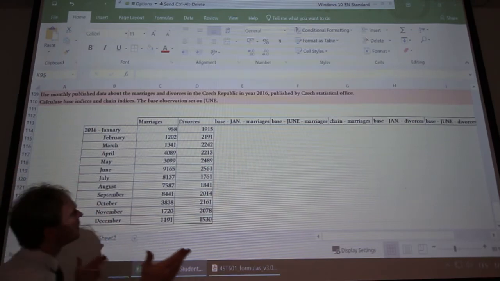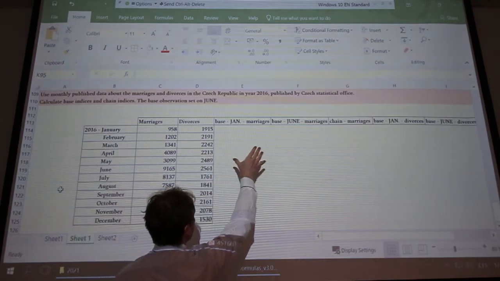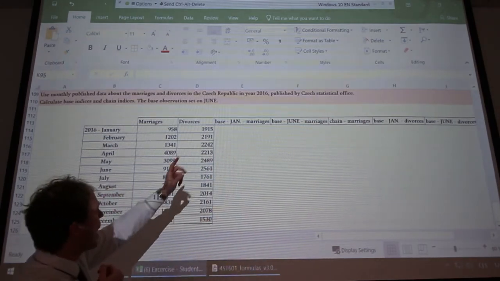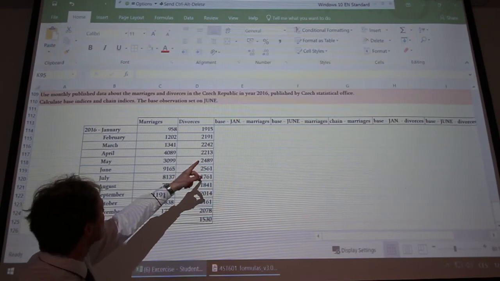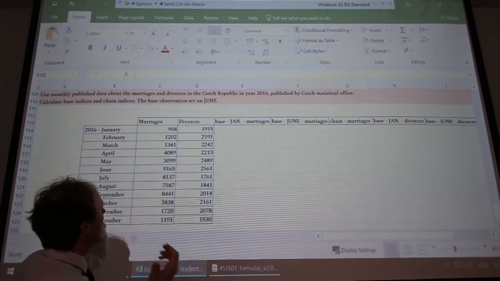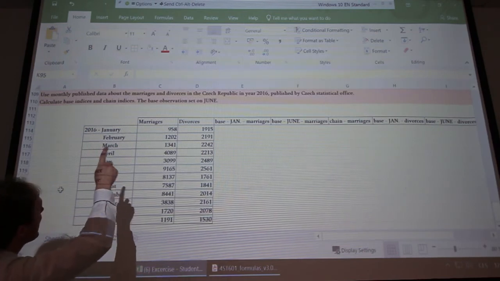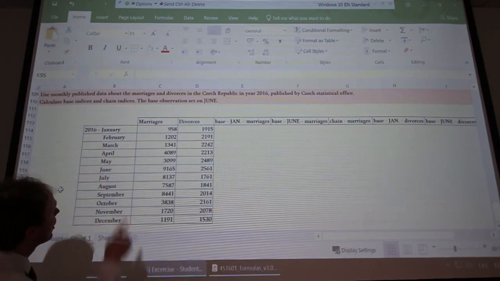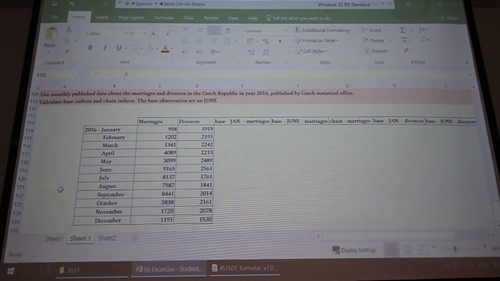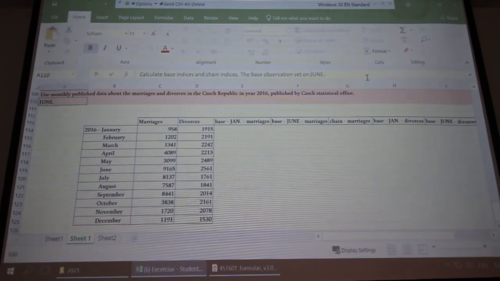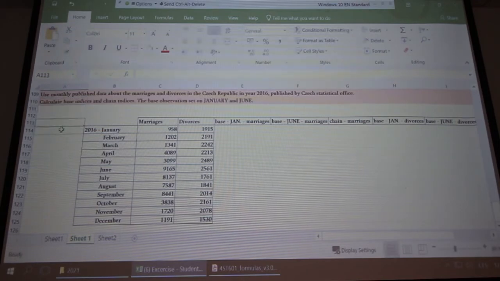You can see that we have prepared here a table where the base is set on January, and in this sentence is written also the base observation set on June. So I will write here the base observation set on January and June, and we will compare the results.